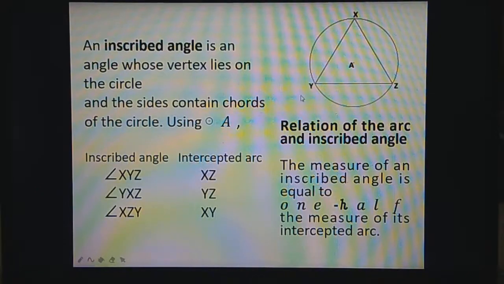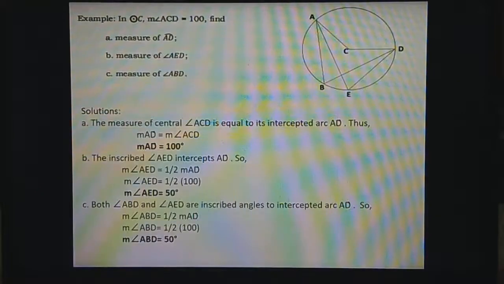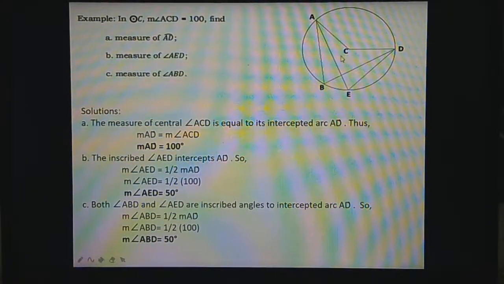Okay. Let us have the application of this. So, in circle C, so we have angle ACD. So, what is angle ACD? This is a central angle because our vertex is at point C. But the questions, we need to find the measure of arc AD, the intercepted arc of this central angle.